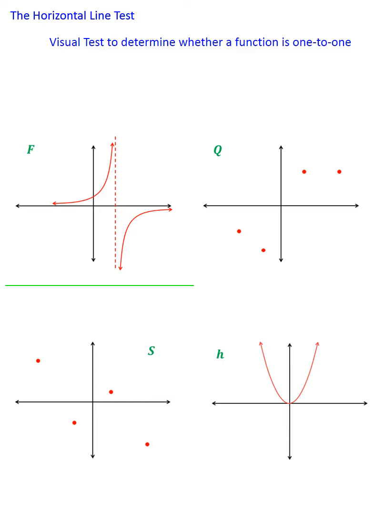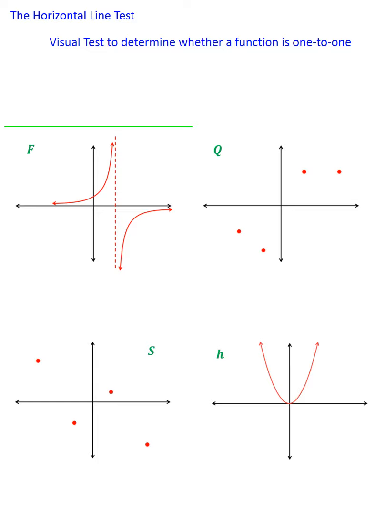Now here's the idea. Here's a horizontal line underneath f. I'm going to run this upward through f. And the question is, is there ever an instant at which this horizontal line intersects the graph of f twice or more? Watch as it runs through. Now there was never an instant in there where that horizontal line intersected the graph twice.